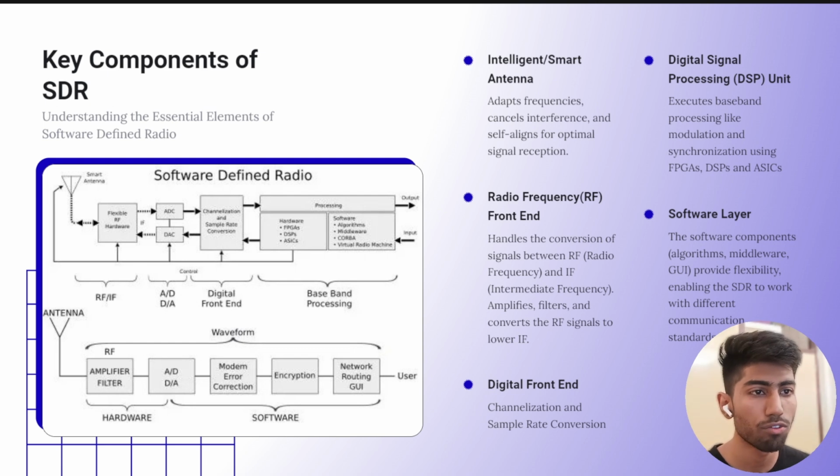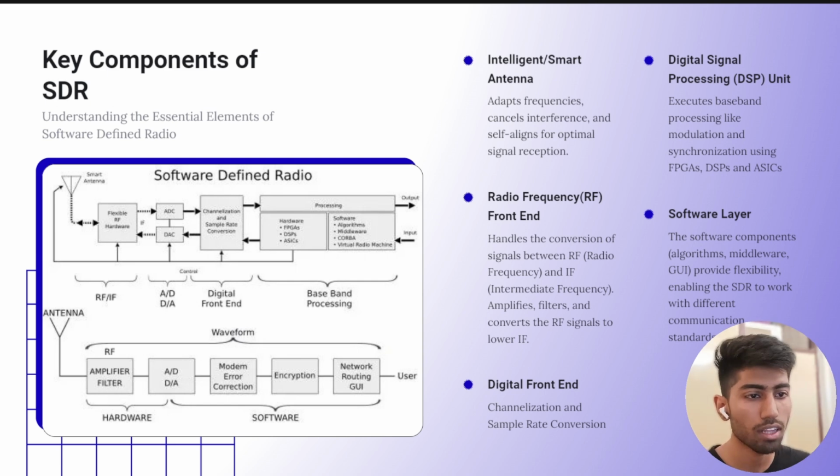Then there is the radio frequency front end and the digital front end. The RF front end converts signals between radio frequency and intermediate frequency, with hardware functions like amplifiers and filters, and shifts the frequency of the signal for easier digital processing.